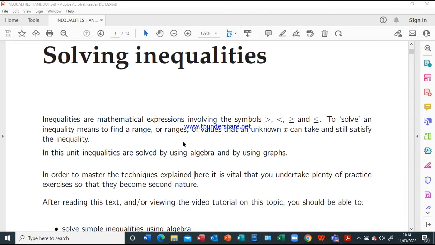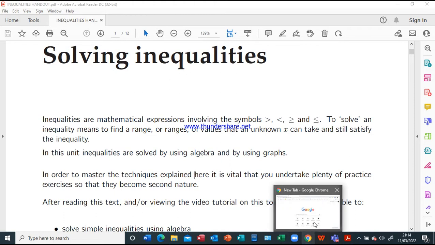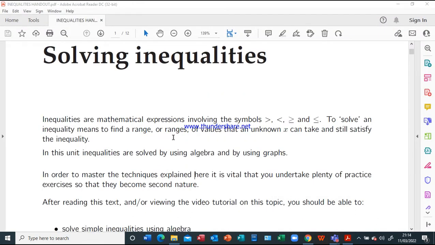So I'm using the handout which is on my machine, but it is also there in the LMS anyways. There is a document I have put which is the same as this one, called Inequalities handout. If you log in there, I think you should be able to see it. So you can download my audio? Oh, no. I will have to record. I'm recording this session. Then later, maybe I'll share a link for you to be able to get it. Okay, sir. Yeah, I'm recording it, so don't worry. You'll get the video for this.